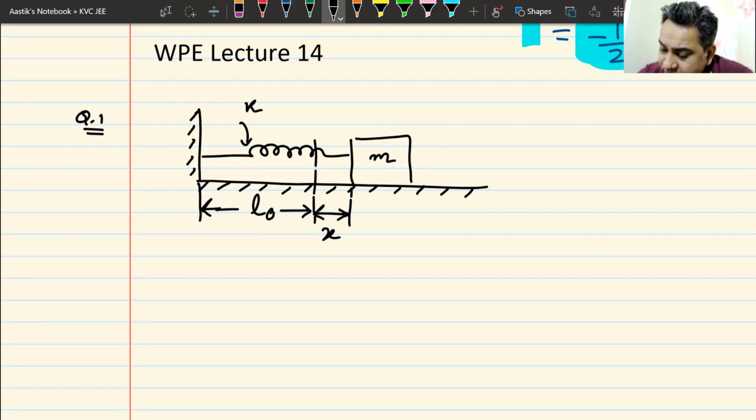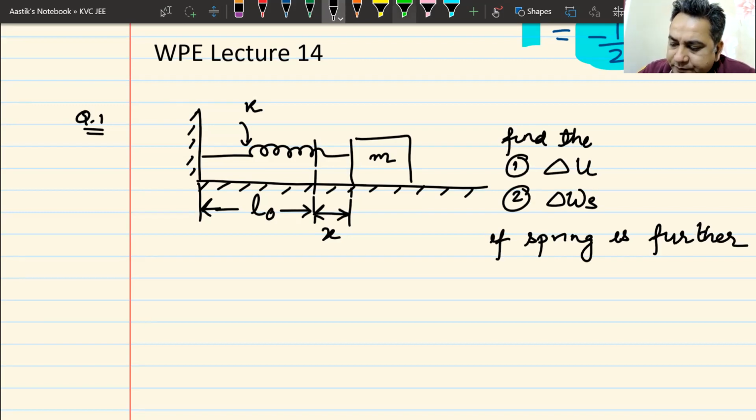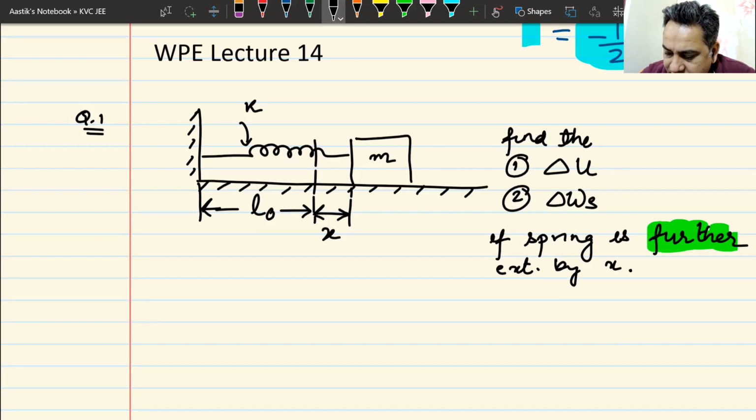Now look at the question. Find number one, the change in potential energy. Number two, the work done by the spring if the spring is further extended by x meters.